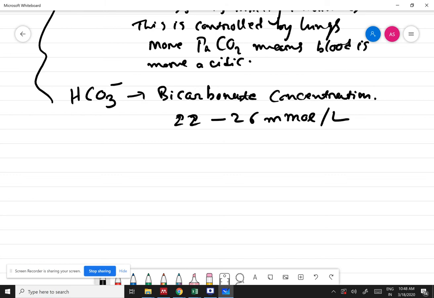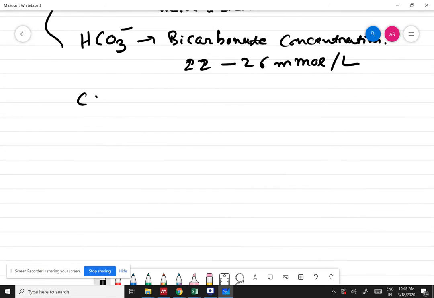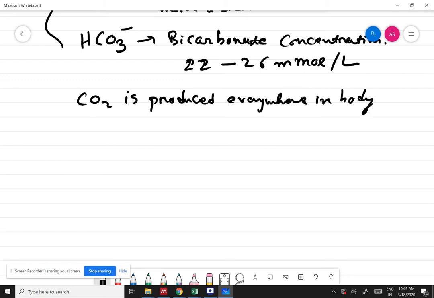So this is produced everywhere in the body and regulated in the kidney. We can write it like this: CO2 is produced everywhere in the body and is regulated through the lungs.